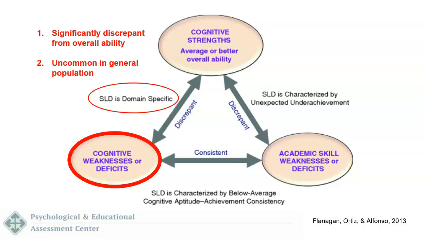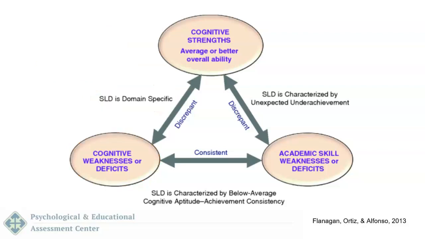The authors of this model argue that it is confirmed by finding a statistically significant difference between overall ability and the areas of weakness, and this difference should be uncommon in the general population. The authors define uncommon as occurring in less than 5% of the population. The cross-battery assessment software program helps examiners to make these calculations.